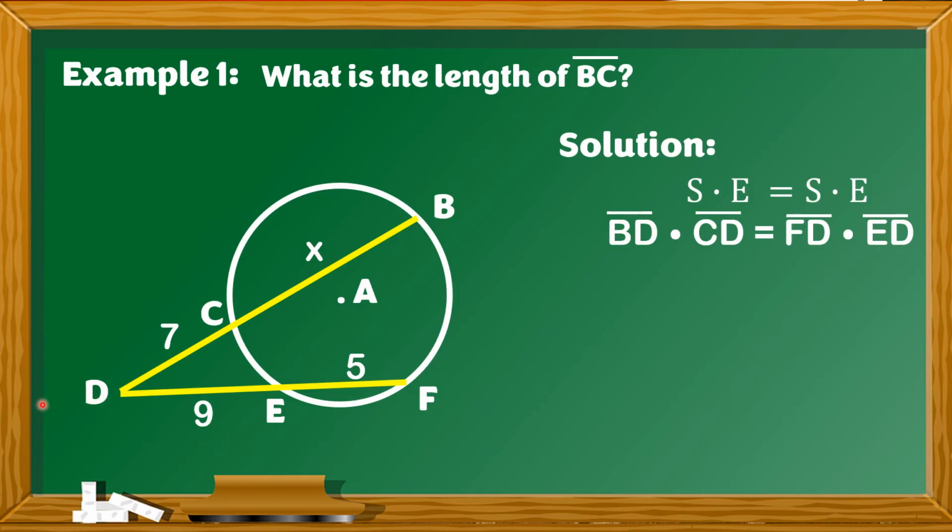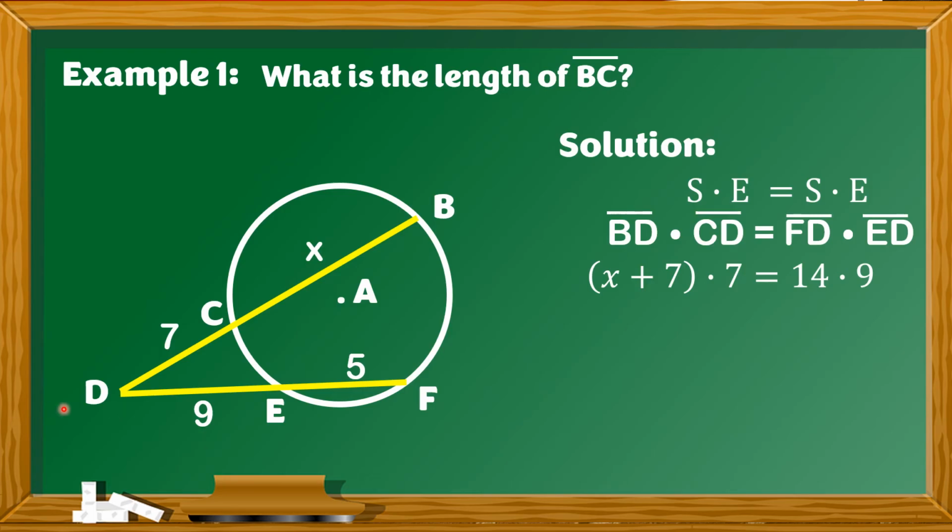So we're going to substitute now the lengths of the segments in the equation. So we have line segment BD is X plus 7 times the external, which is 7, and that is equal to line segment FD, 5 plus 9, which is 14, times line segment ED, which is 9.